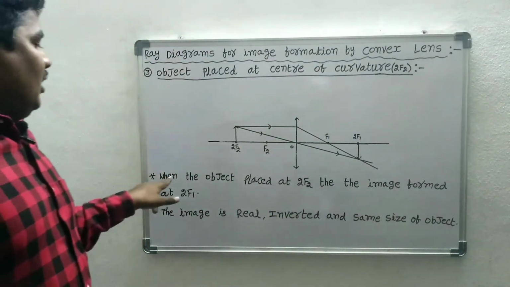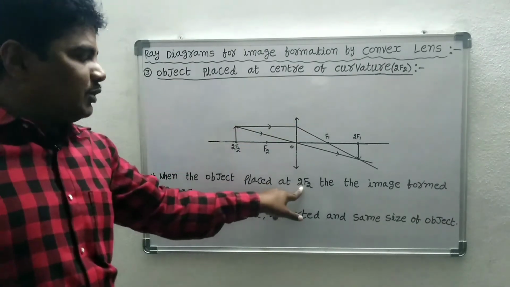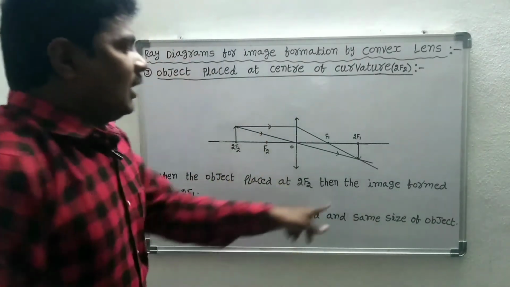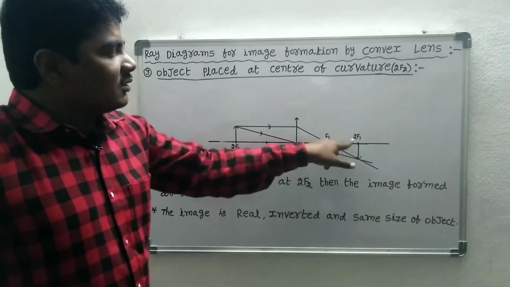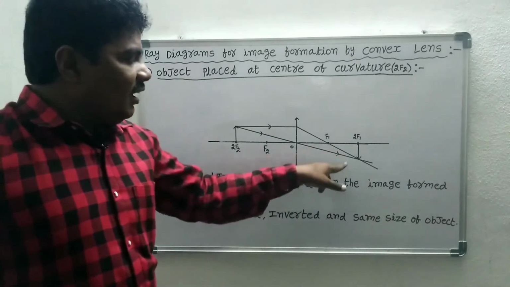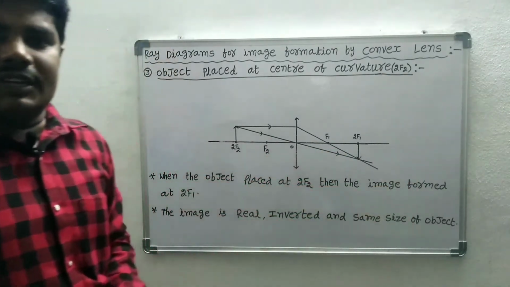So when the object is placed at center of curvature 2f2, then the image is formed at 2f1, that is also center of curvature. That image is real, inverted and same size as the object.